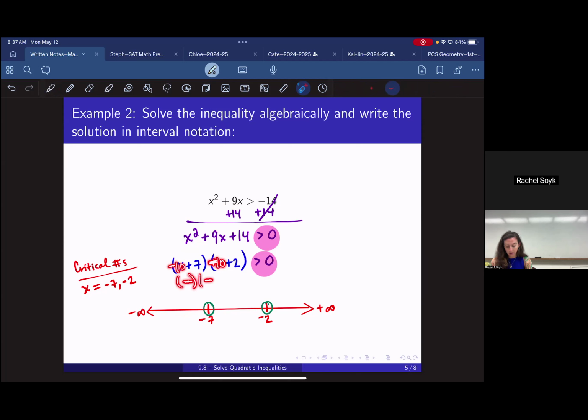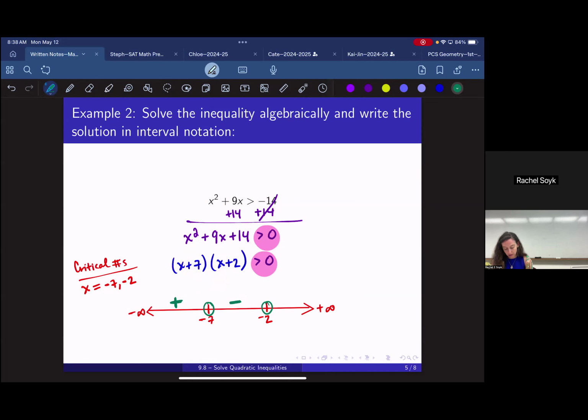A negative times a negative gives you a positive. A value between -7 and -2, -3. If we plug in -3 here, we get a positive value. If we plug in -3 here, we get a negative, and a positive times a negative is a negative.